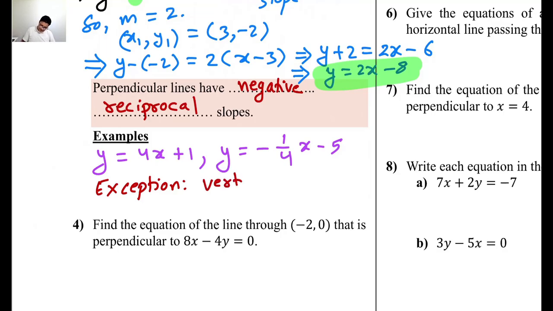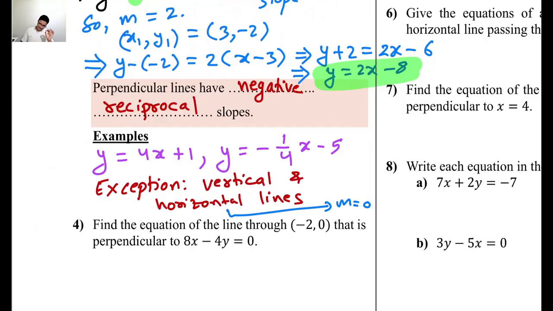Exception is vertical and horizontal lines. They are also perpendicular, but you won't say the slopes are negative reciprocals. Although in some sense you can say reciprocal, I'm just saying informally, okay? The slope of a horizontal line is 0, right? Slope of the vertical line is undefined.